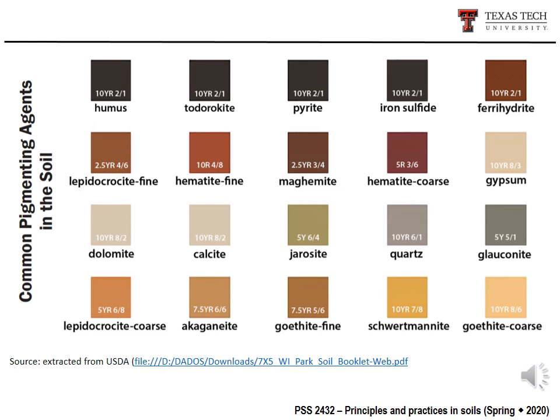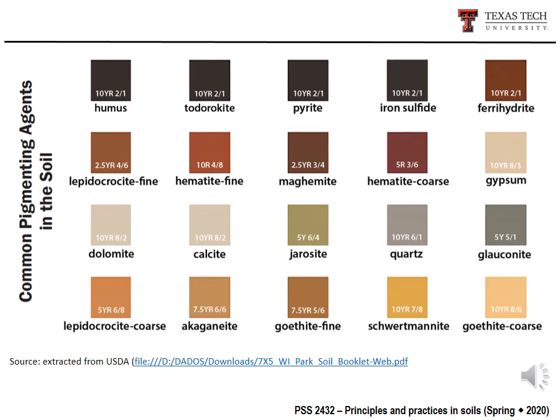This is a chart where you can see the influence of different minerals or organic matter on soil color. For example, hematite is red, and you can see here the gypsum effect.